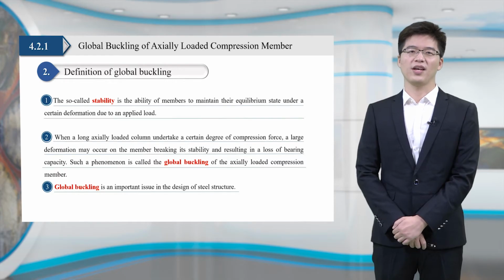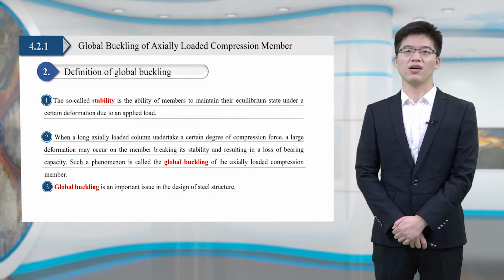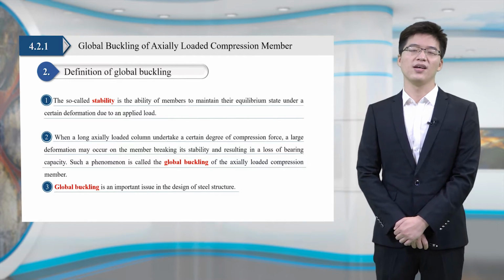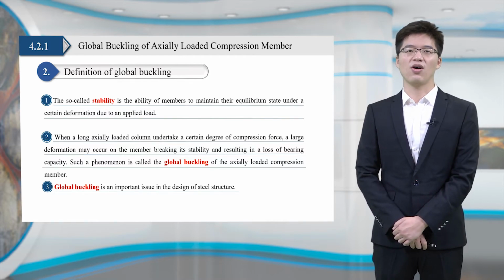When a long axially loaded column undertakes a certain degree of compression force, a large deformation may occur on the member, breaking its stability and resulting in a loss of bearing capacity. Such a phenomenon is called the global buckling of axially loaded compression members.